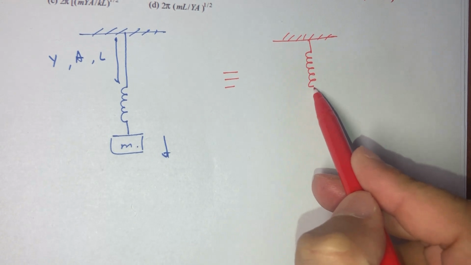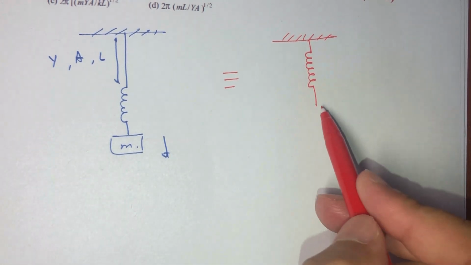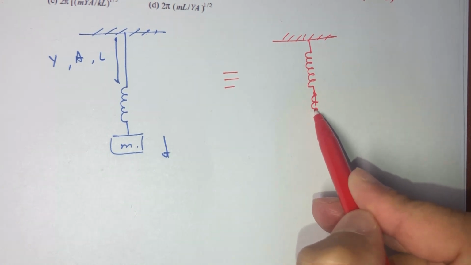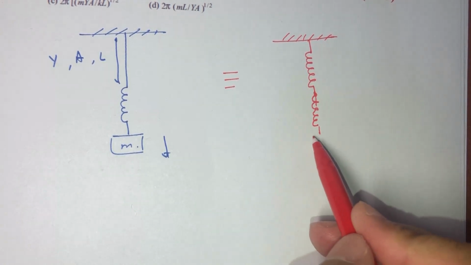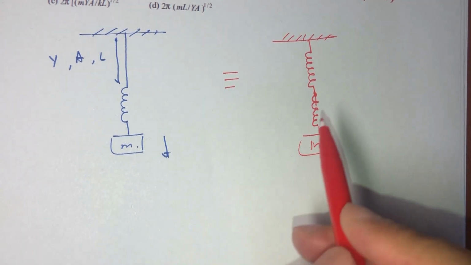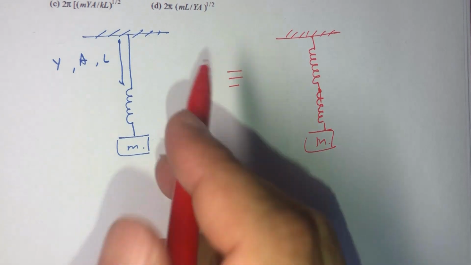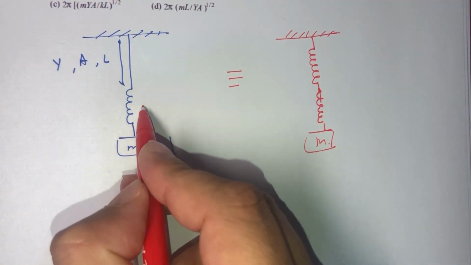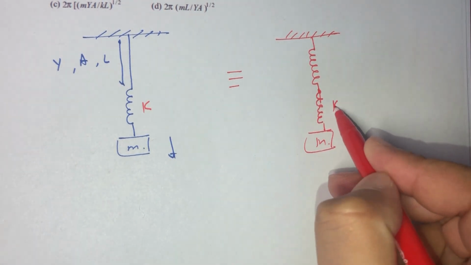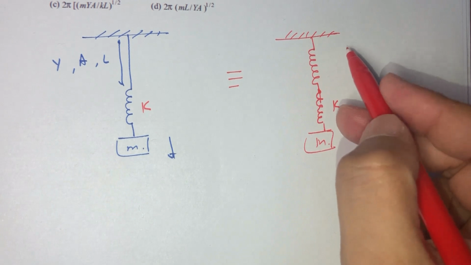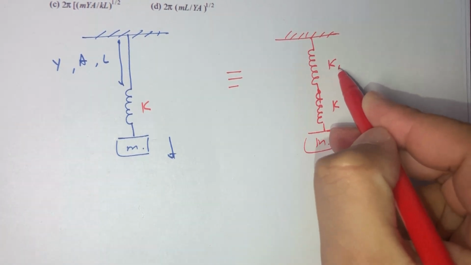So this is the spring, which is a representation of the wire, and we have a spring connected, and this is mass M. The spring connected has a spring constant of K, which is given, and the wire has, let us suppose, a spring constant of K wire.